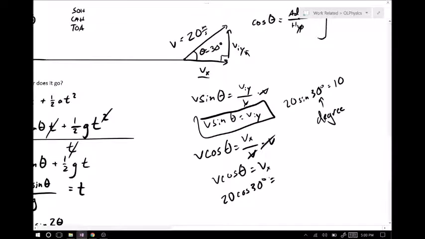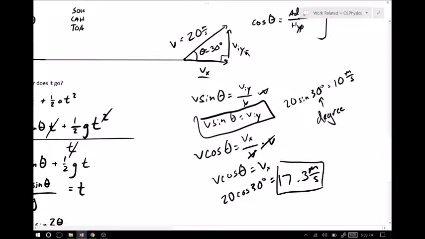I forget what the trig identity is, so I'm just going to put that into my calculator. The cosine of 30 times 20, we get 17.3 meters per second. Sorry, this one should have been meters per second.